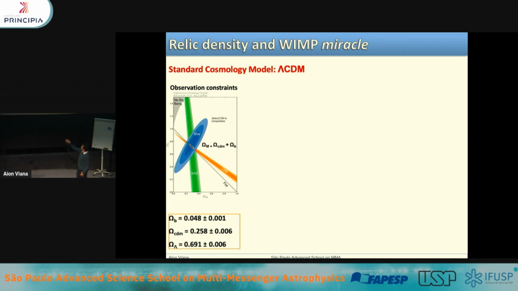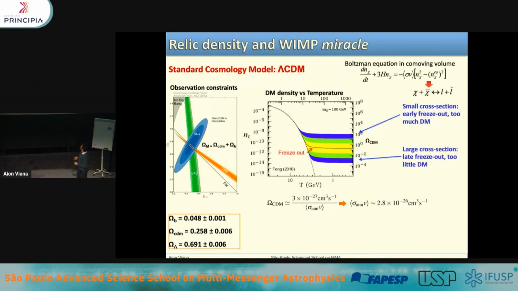Normally, in order to constrain these parameters, we have to assume a cosmological model, and the cosmological model that we mostly use nowadays is the lambda CDM. In this model, we can make a very simplistic hypothesis where you assume that you have a new particle, and this particle will couple with the standard model particles, and it will be in the thermal bath in the beginning of the universe.